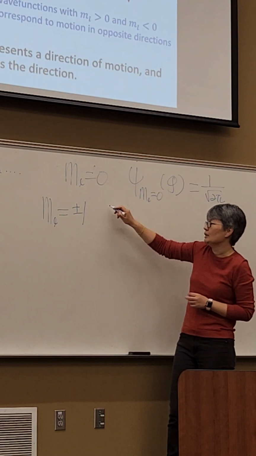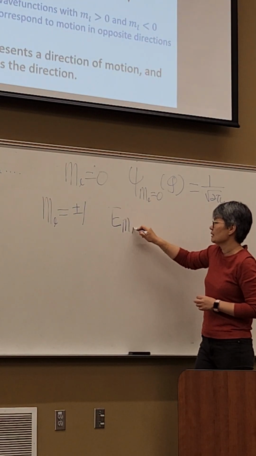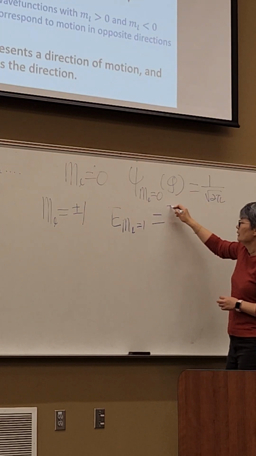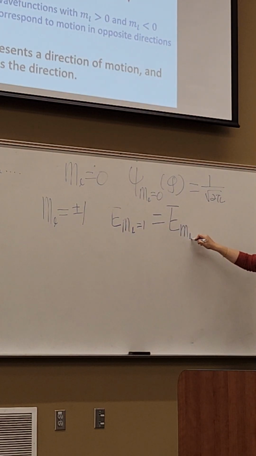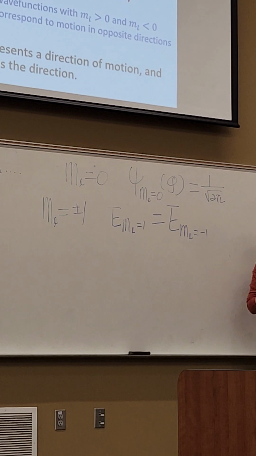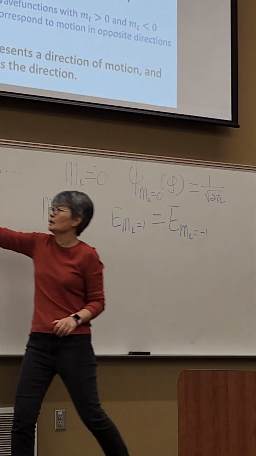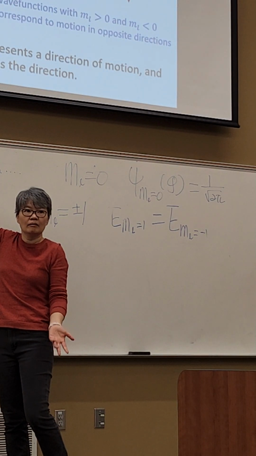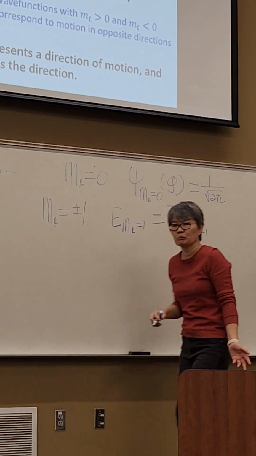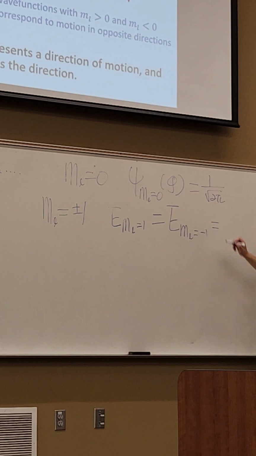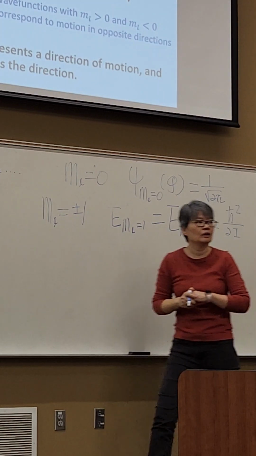The energy value when m sub L equals 1 is the same as when m sub L equals negative 1, because in the expression it is the square of the m sub L value. So plus or minus makes no difference. What would be the value for the energy? H bar squared over 2I.